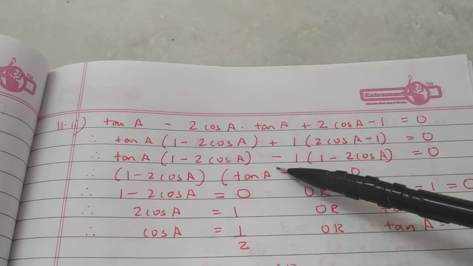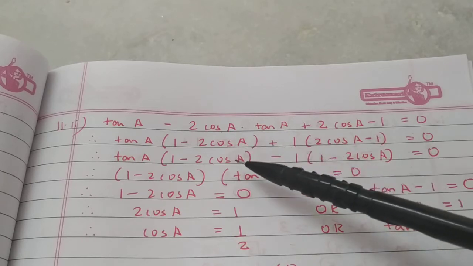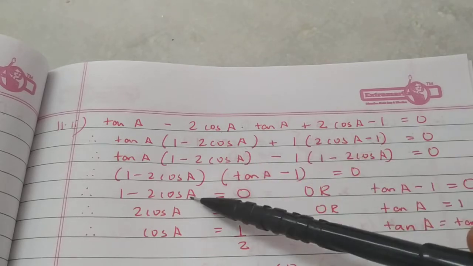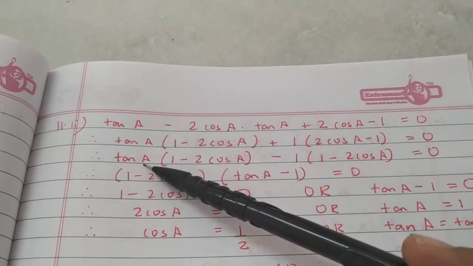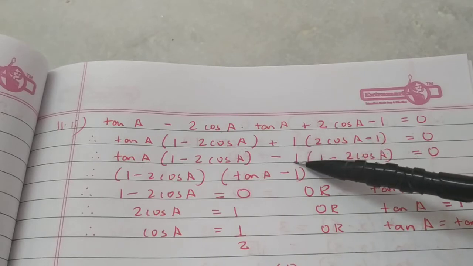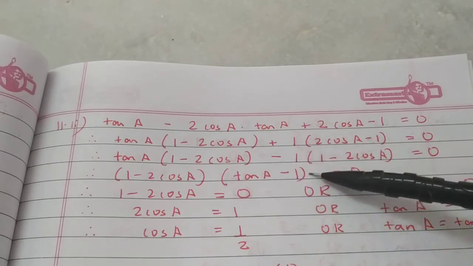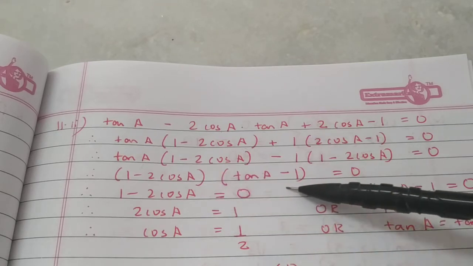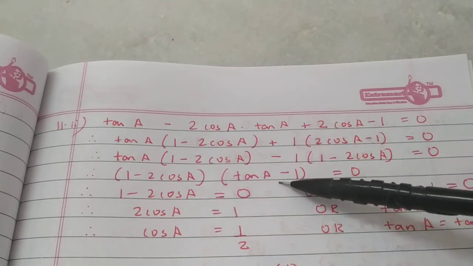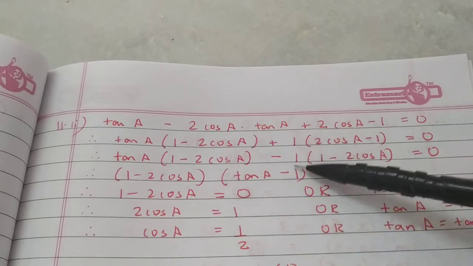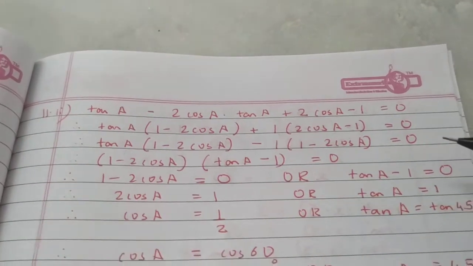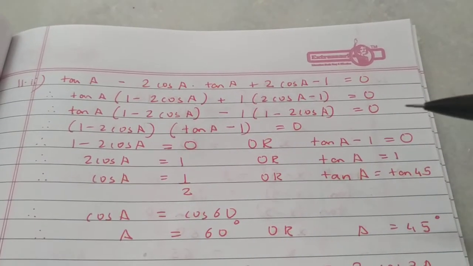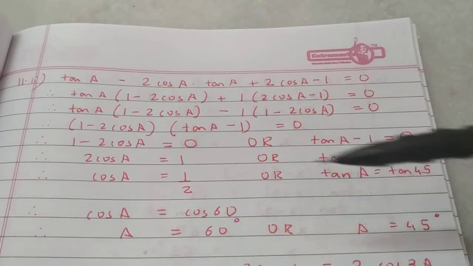So the reason we are doing it is to make sure that the 2 brackets are same, so that we can take it out common. So what is left now? Tan A minus 1 is left, so that goes in another bracket, and that is equal to 0. And this looks like a sum we've solved, such a type. Either this bracket is equal to 0 or this one is equal to 0. So respectively you solve ahead, and by comparing you get 2 values of A, which is either 60 degrees or 45 degrees.